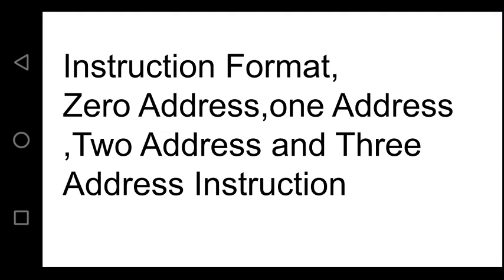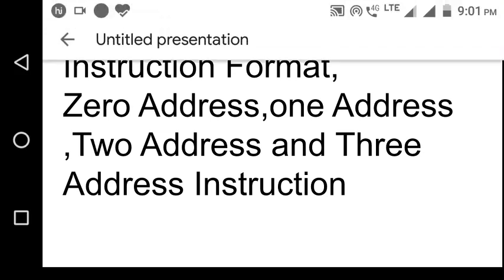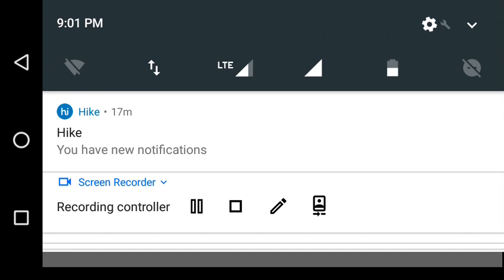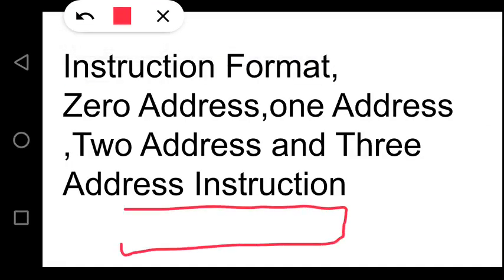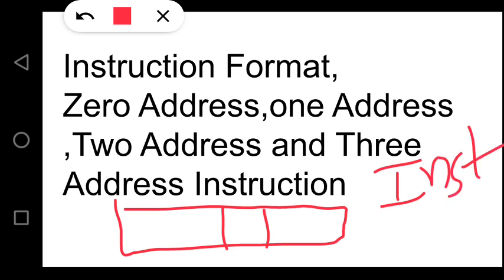We already mentioned that the instruction also contains two parts. Sometimes we can divide it into three parts, which we will see later. For the time being, remember that an instruction is divided into two parts.